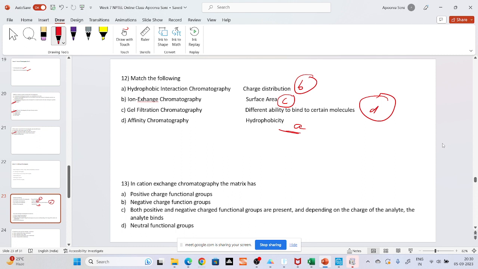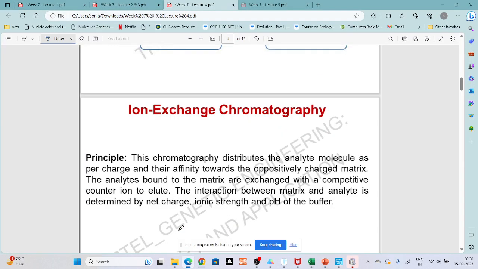Anyways, now that we know that the different properties of proteins are exploited for different kinds of chromatography, first we will go through ion exchange chromatography.